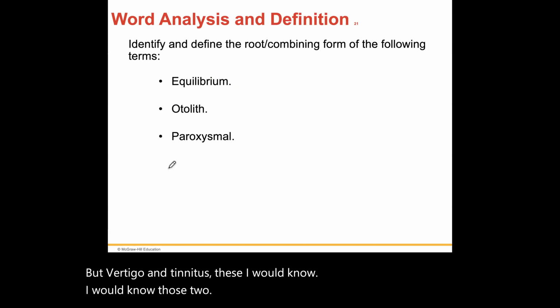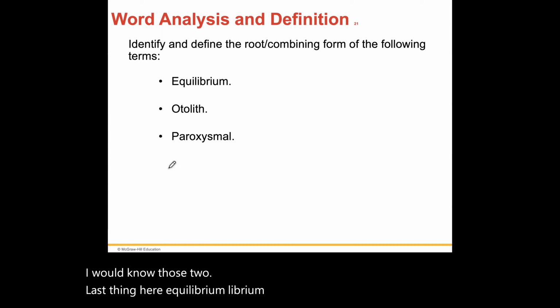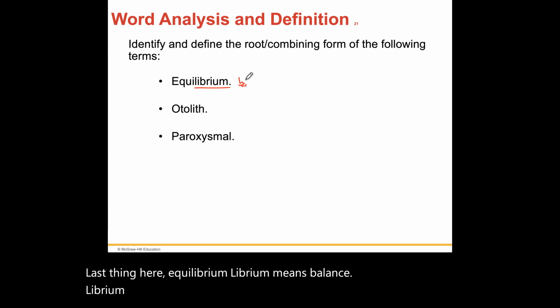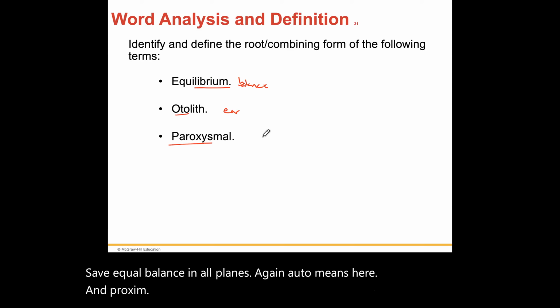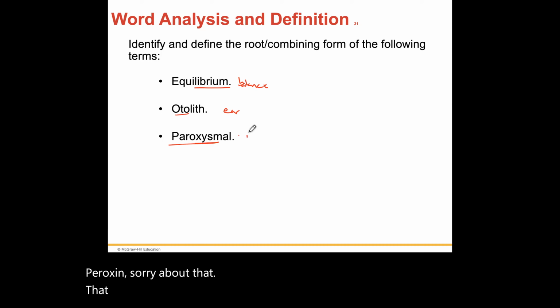Last thing here, equilibrium. Librium means balance. Equal is equal. So we have equal balance in all planes. Again, oto means ear. And paroxysm, that means irritation.